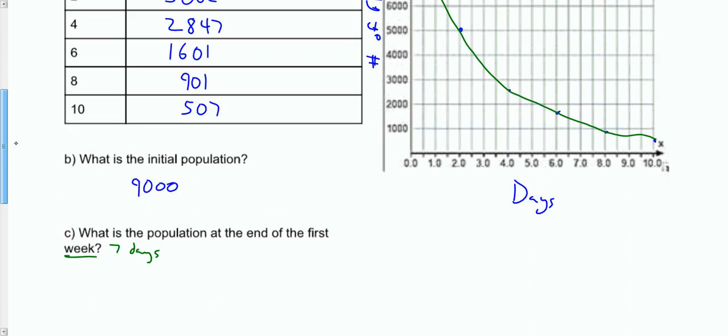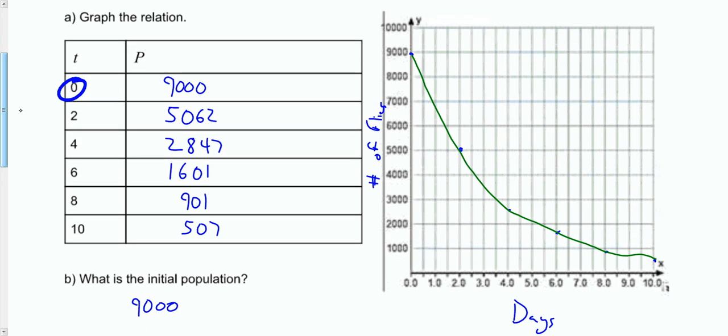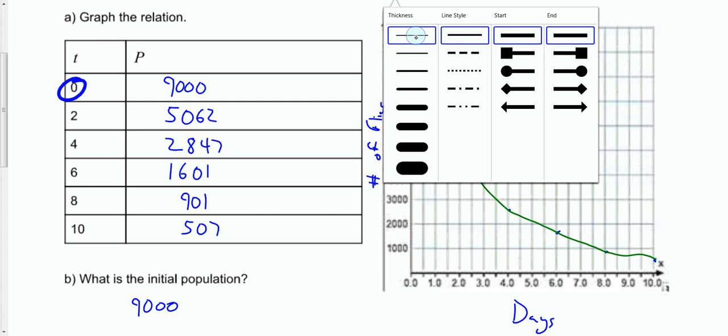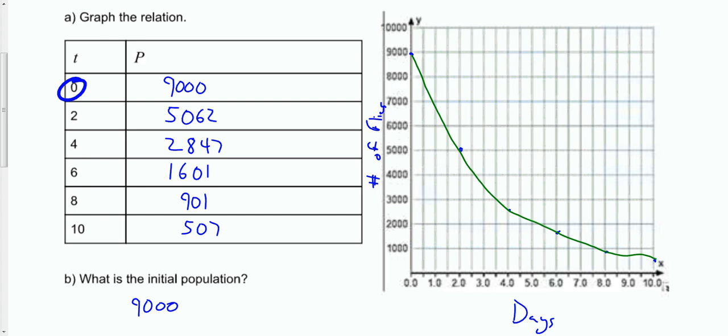So I've got to figure out the population after the first week. I'm going to find the intersection of where that happens to be relative to my chart. So here's 7 days. 1, 2, 3. I could go through and figure this out.